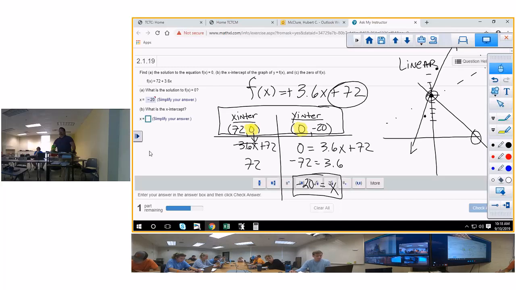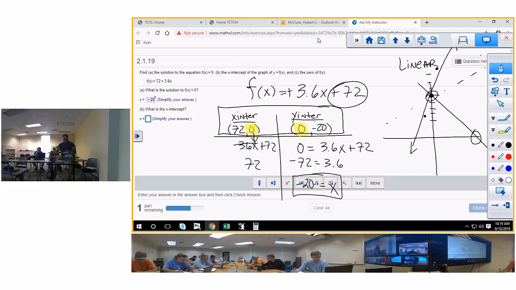They've got this wrong. That may be why you sent me that question, whoever sent me this question. So you've got a reason to send me this question, because that right there is wrong. That should say, what is the y-intercept? Negative 20. That's what it should say. You think somebody from computer programming might need to talk to the math instructor and get the answer correct.